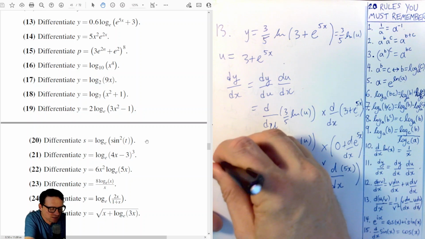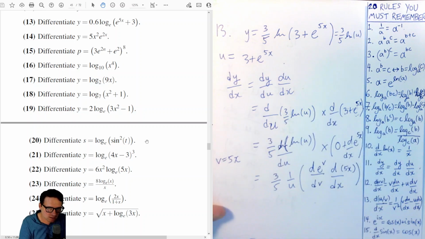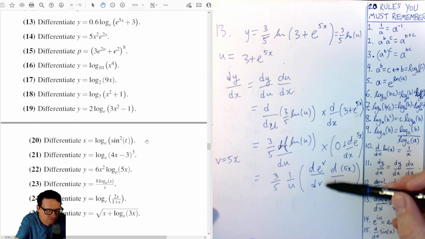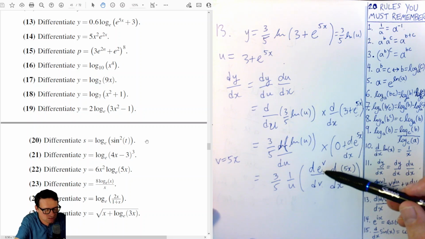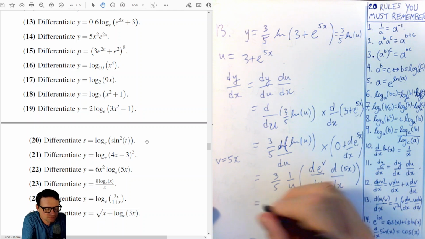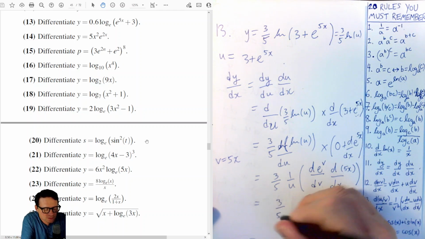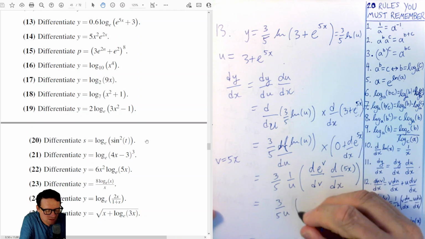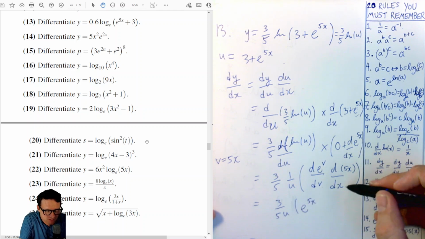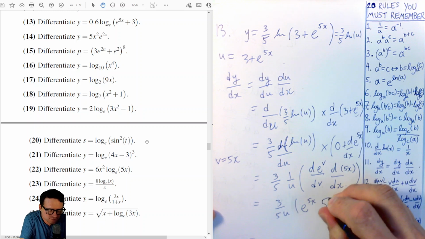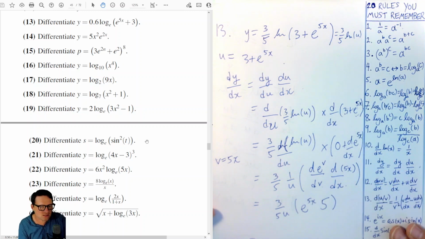So this derivative is just e to the v, which is e to the 5x. So 3 on 5u, then we have e to the 5x, and then the derivative of 5x with respect to x is just 5.